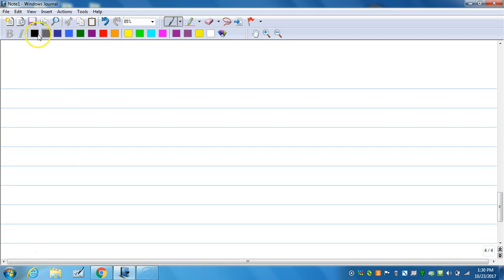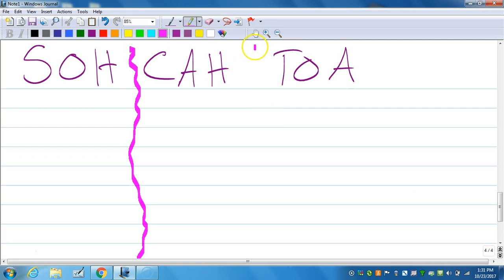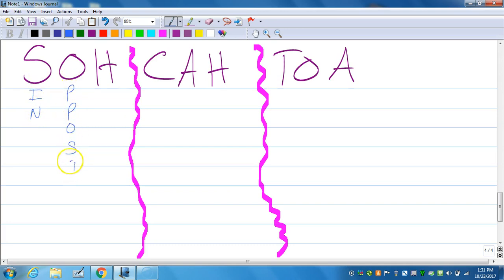Now, an easy way to help you remember what sine, cosine, and tangent are is SOHCAHTOA. S is for sine. O is for opposite. H is for hypotenuse.